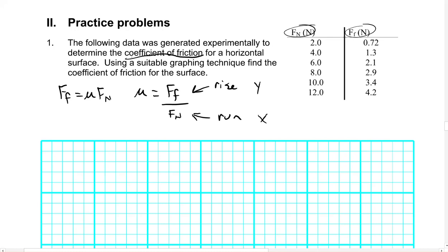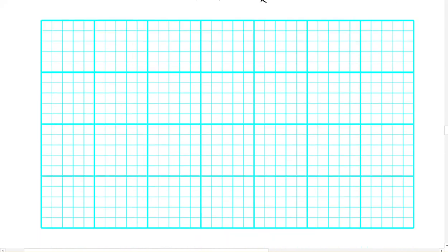Okay, so let's figure out a suitable scale here. Force of friction first, because that's going to be my y. I'm going to start at 0, and I need to go up to like 5, or 4. We'll see. If this is 0, I'd like this to be 1, 2, 3, 4.